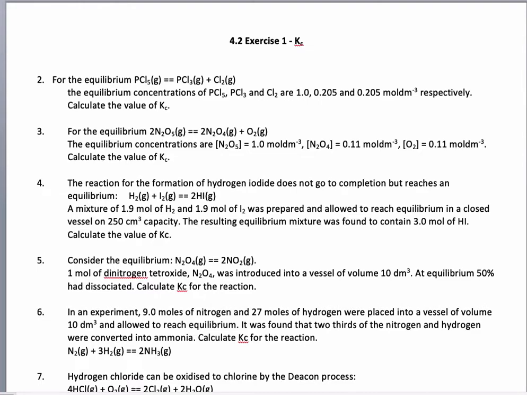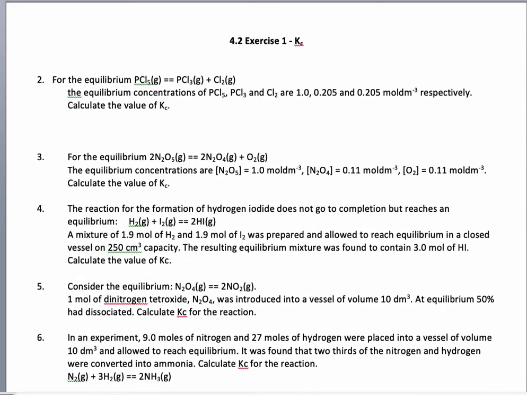So to calculate the value of Kc, I can just substitute them in. So let's have a look and see if we can do that. So Kc is going to be, remember, it's your products over your reactants. So my products, I've got PCl3.